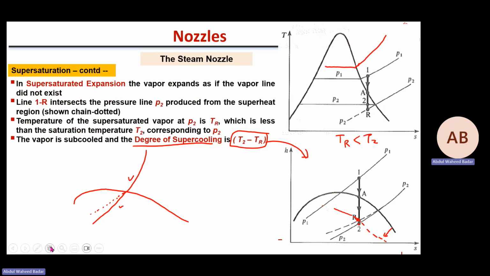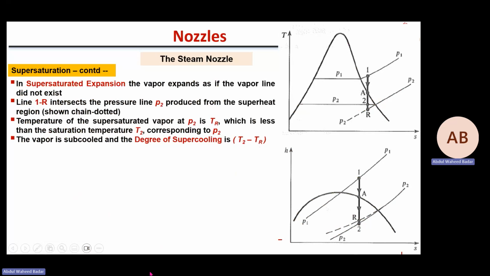Another thing which we observe, which we cannot observe on the TS chart, is that H1 minus HR is lower than H1 minus H2. That is more relevant to the nozzle: with supersaturated flow, the enthalpy drop is less. The HS chart is telling us so the velocity will be a little less than what we are thinking.